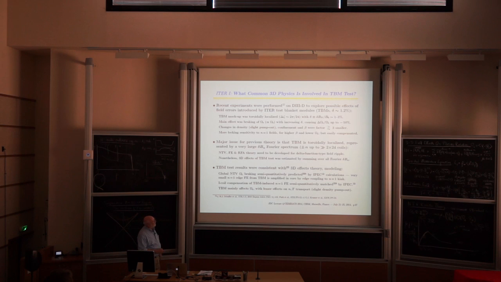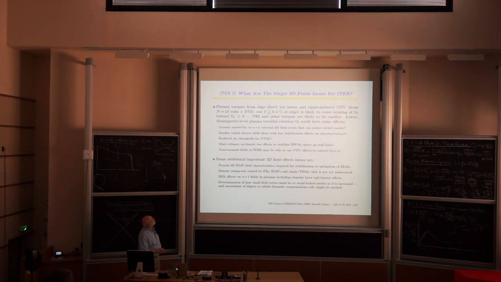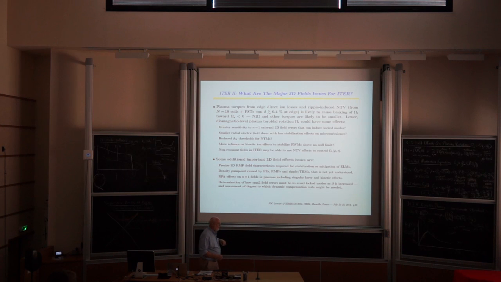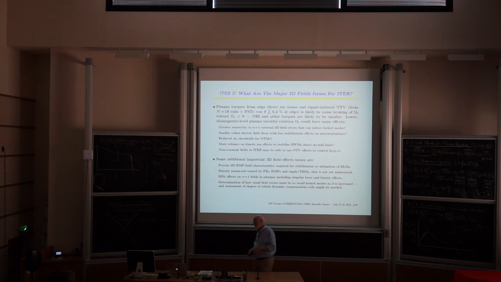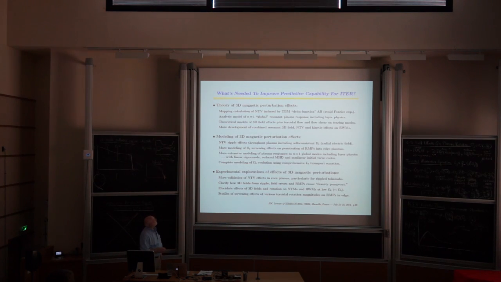Anyway, I won't go through that, but the basic idea is that's what's happening. Now, all these effects are important for ITER because they want to rotate the plasma so as not to get penetration of field errors and maybe be able to control the toroidal rotation. And I've just been telling you a little bit about all the kind of funny things that can happen.